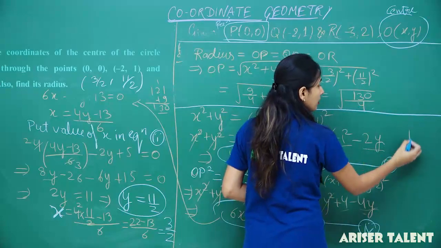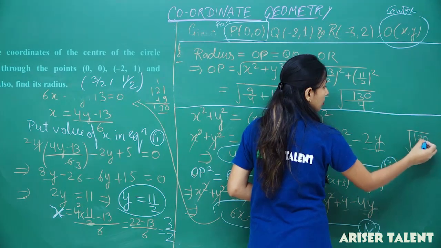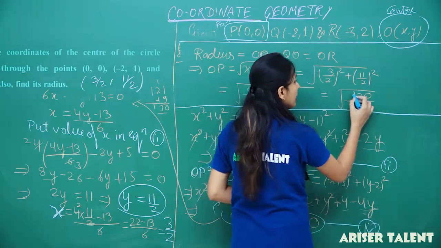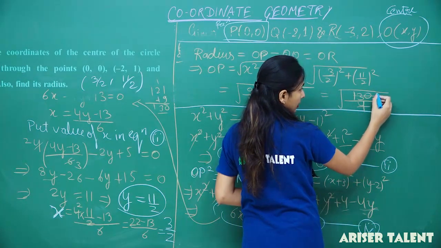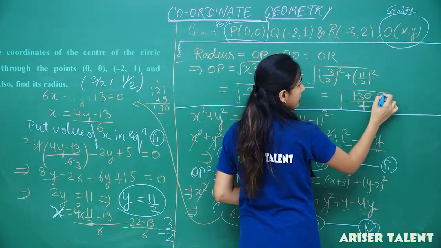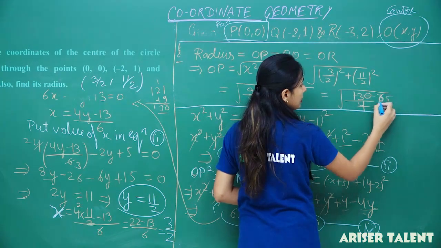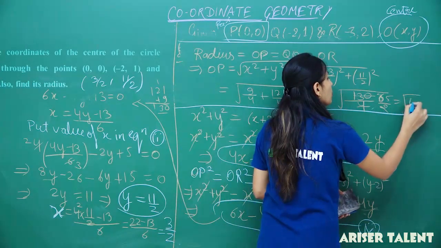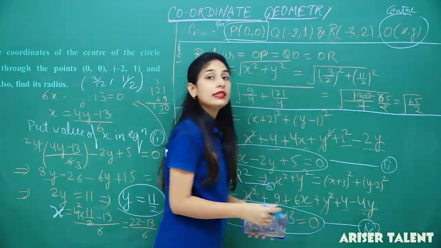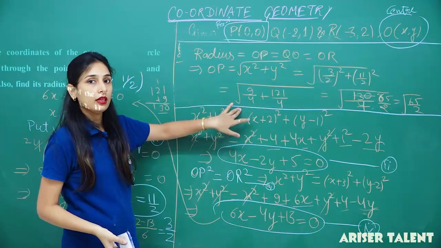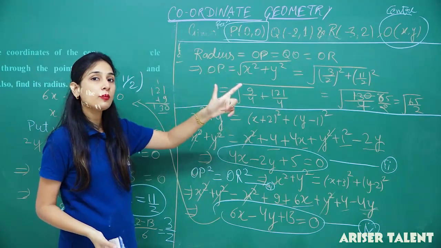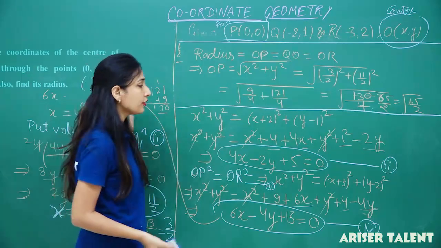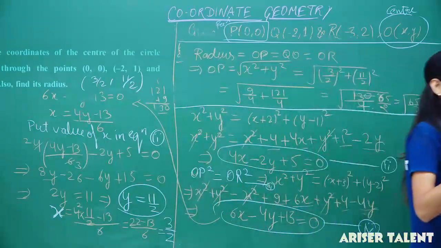If you cut that by 2, that will be 65 by 2. Okay, so can I write it 65 by 2? So that will be the distance between the center and the other point. So that will be the radius. So this is your question, students. Note it so that we can move forward.